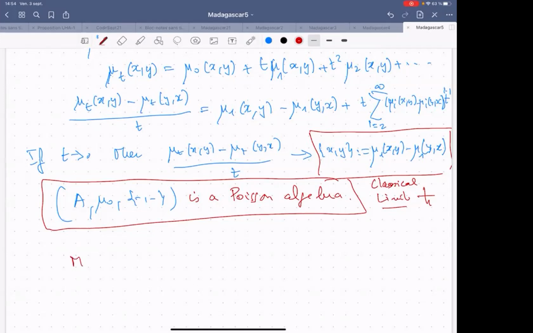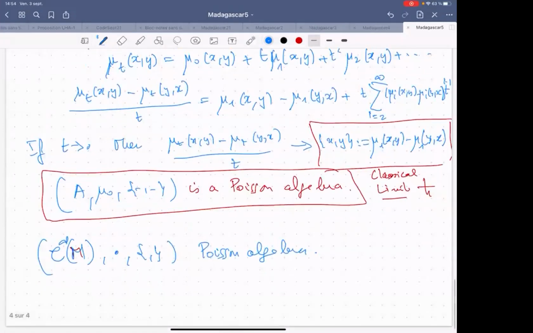If you take the variety M, then C infinity of M with pointwise multiplication and a bracket, I mentioned that last time, this is a Poisson algebra. If you remember, one challenging question was to try to construct the deformation of this. And here this M is also called a Poisson variety, or Poisson manifold.